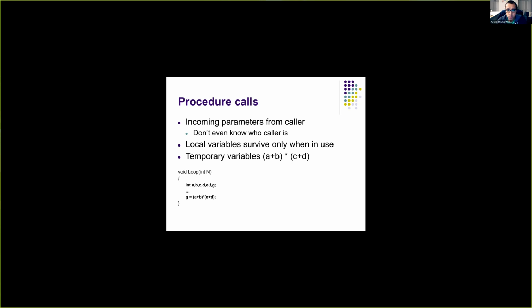And there are various temporary expressions that the function computes. For instance, here in this case, the function loop computes the value of the expression a plus b and then c plus d. You can imagine these are temporary variables that the function creates, but there are no explicit variables declared by that function.